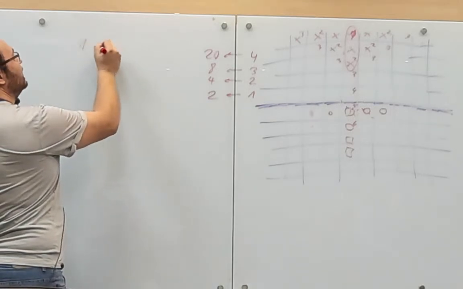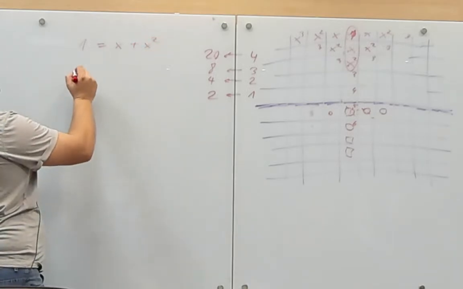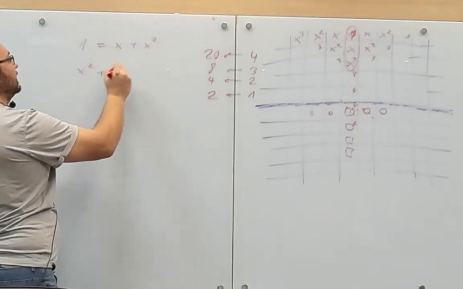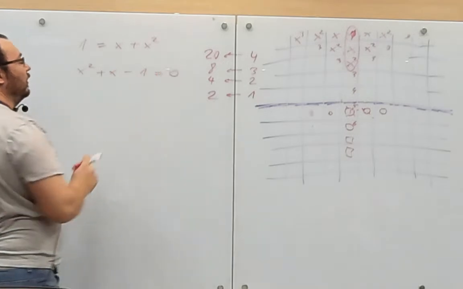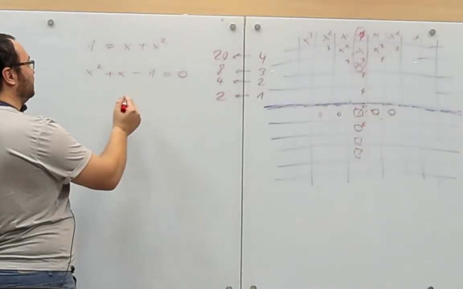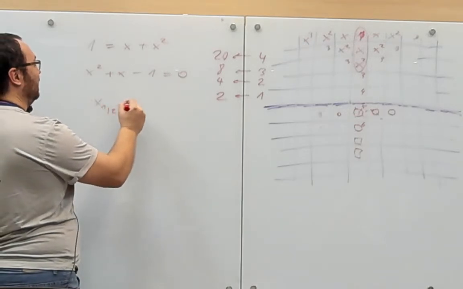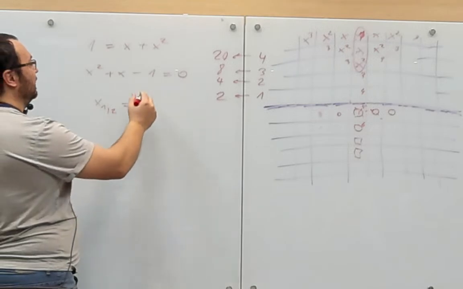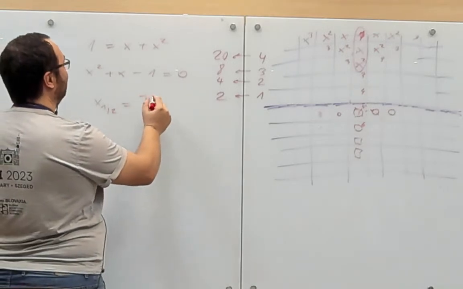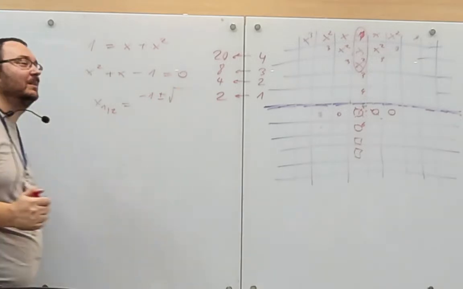So 1 is supposed to be equal to x plus x squared, so x squared plus x minus 1 equals 0. And this has two solutions. So this is minus b plus or minus square root of, what is it?